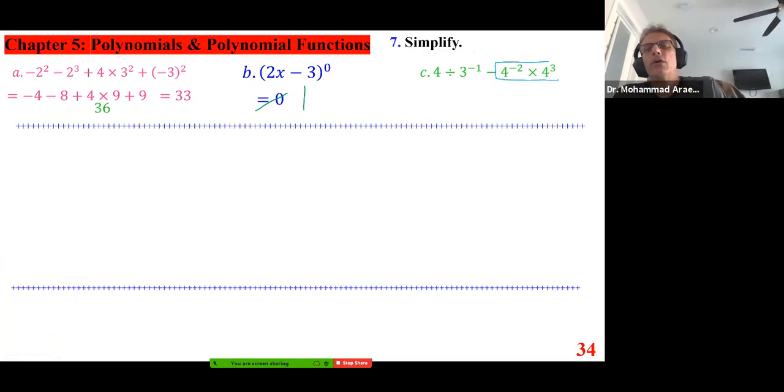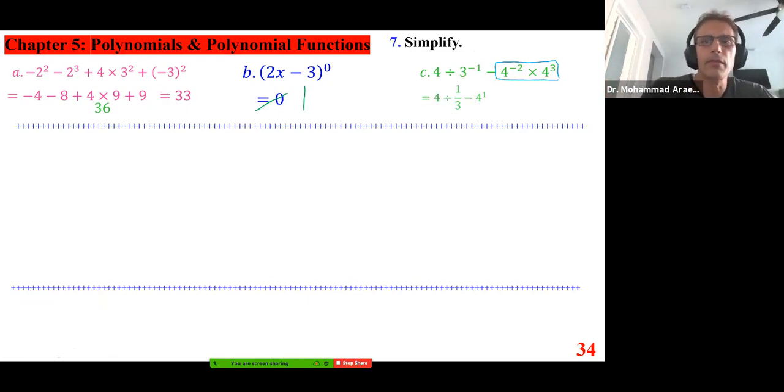The base is 4. We use the product rule, so we add up their exponents, -2 and +3, they add up to 1. So let's quickly recap, see what we did. So 4 is intact, division is intact, 3 to the power of -1 becomes 1/3, and these two give us 4 to the power of 1, which is simply 4.